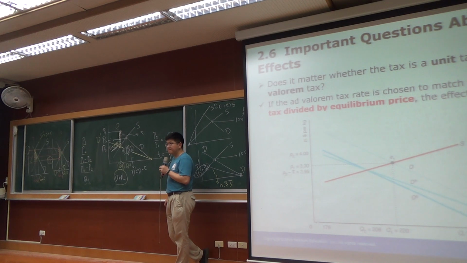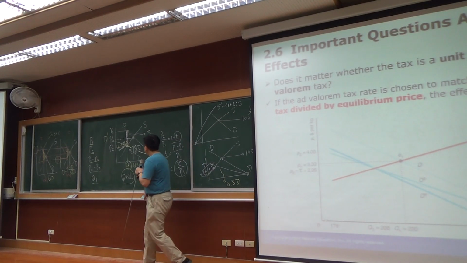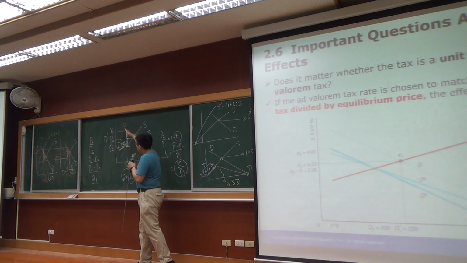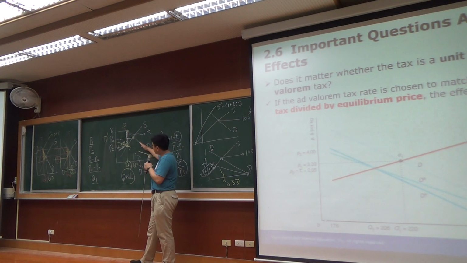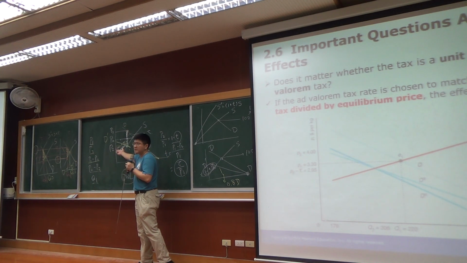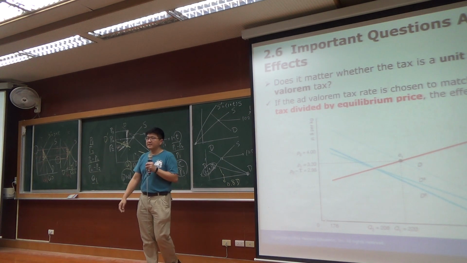Is that clear? So it's 100% of demand, and this is the proportion after tax of demand.